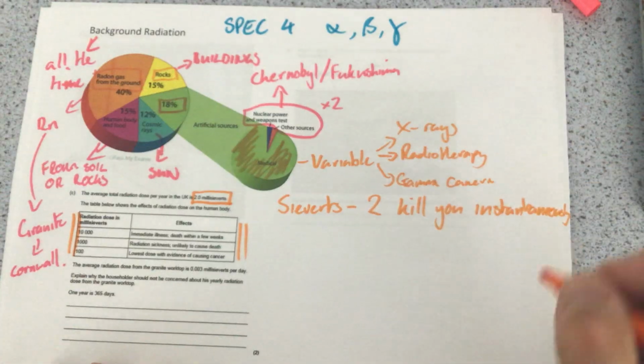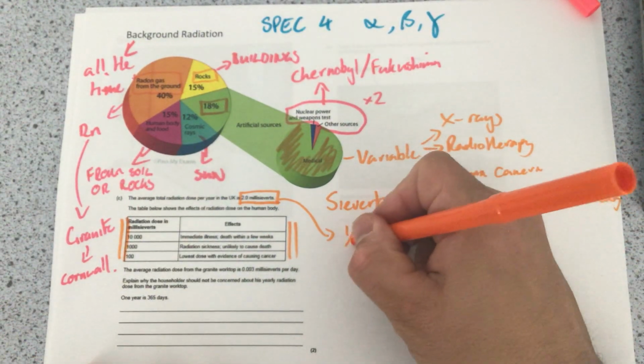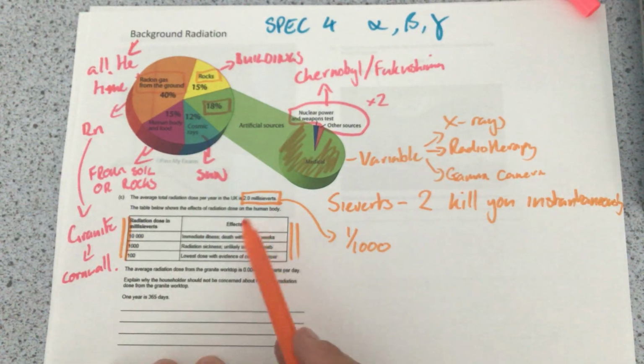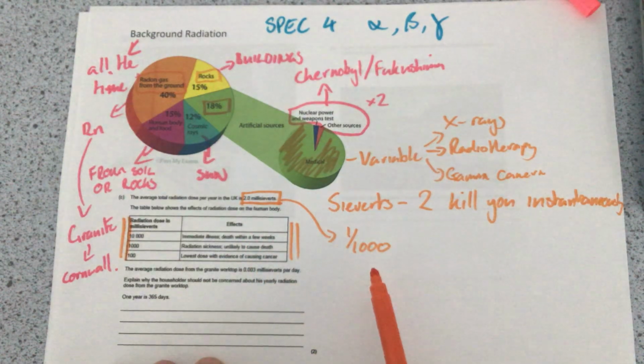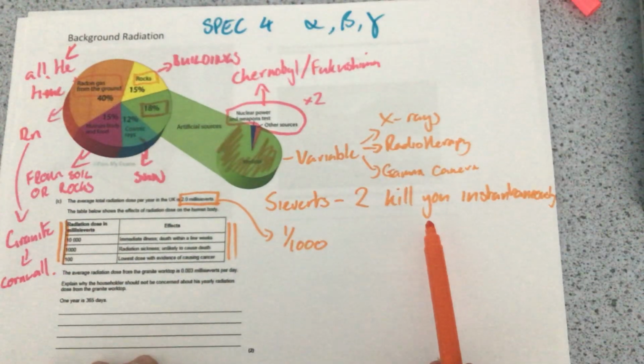Now, what we deal with usually is millisieverts. So 1 millisievert is 1,000th of a sievert, and the average person gets 2 1,000ths of a sievert every year. So clearly the chance of you dying from background radiation is pretty small.